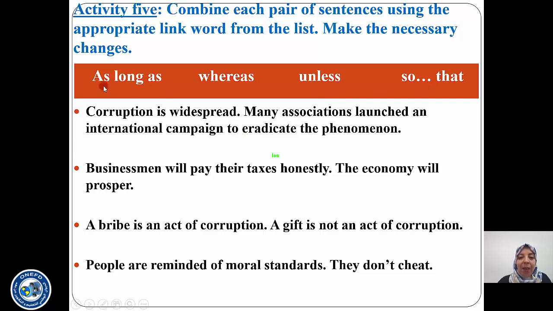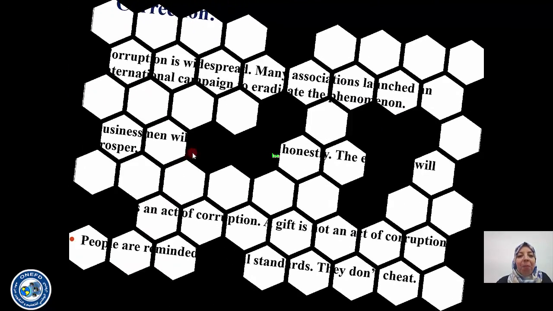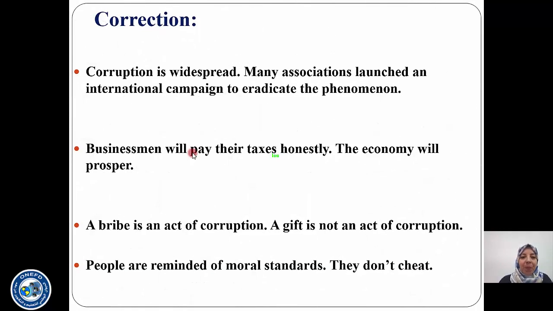So, try every time to choose one of the connectors given to see which one fits more and which one creates a meaningful sentence. Okay? Let's try to correct. Corruption is widespread.